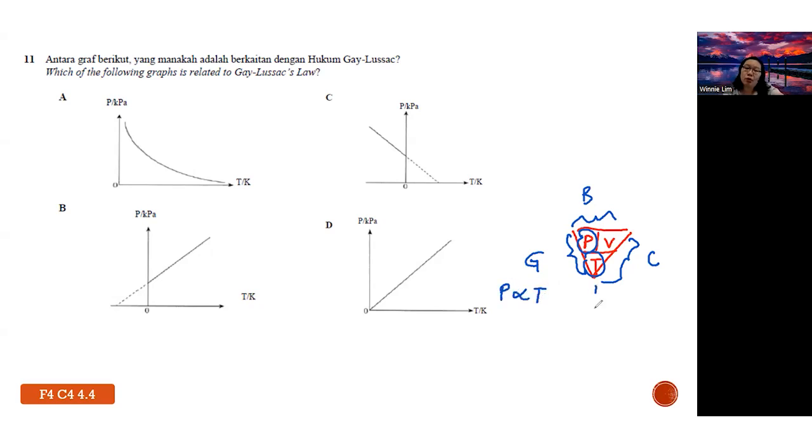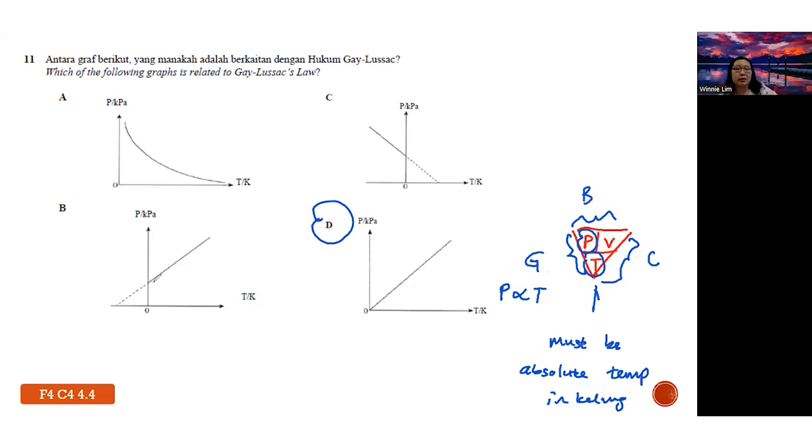And this temperature must be absolute temperature, which is in Kelvin. So which graph shows P and T directly proportional and in Kelvin? The answer would be D.